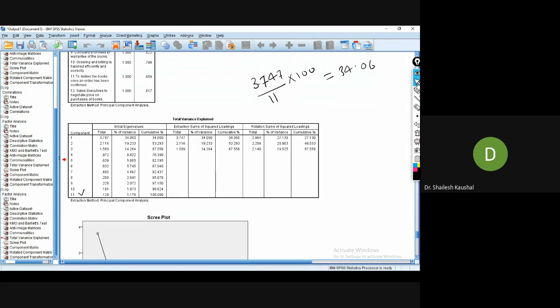So here, when we divide the eigenvalue and multiply by 100, we obtain the percentage 34.06. Same as 2.116 divided by 11 into 100, then we obtain 19.23.